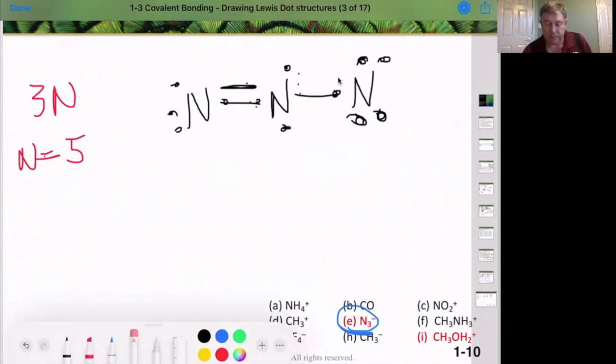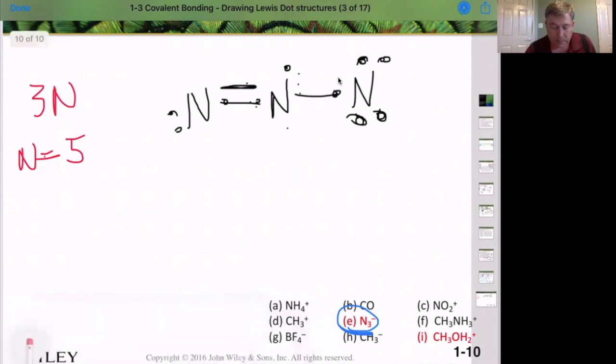Ooh, that's not very good. So let's share this electron with this electron here and give us another double bond there. That's interesting. We have 1, 2, 3, 4, 5, 6, 7, 8, so this nitrogen has 8 electrons around it. This one has 1, 2, 3, 4, 5, 6 electrons around it.